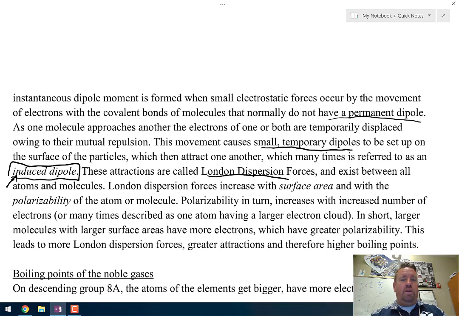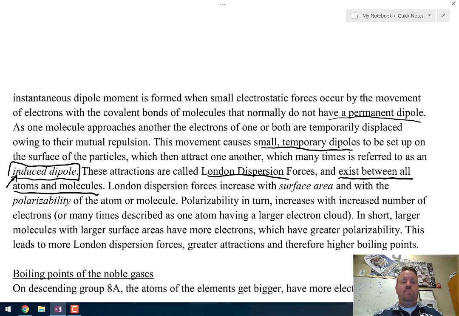So if on the AP test they ask you, for example, what are the intermolecular forces that exist between water molecules, one of them that you're going to list is London dispersion forces, because London dispersion forces exist between all atoms and molecules, whether they're polar or nonpolar. But nonpolar ones only have London dispersion forces.